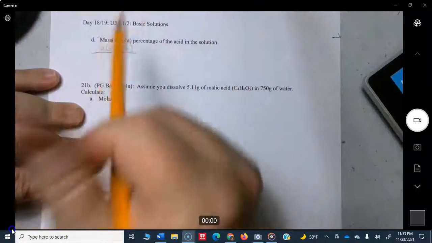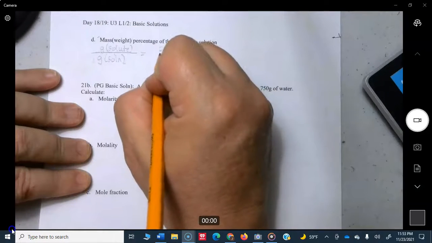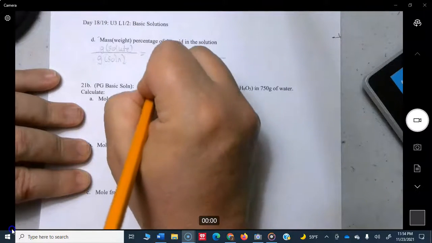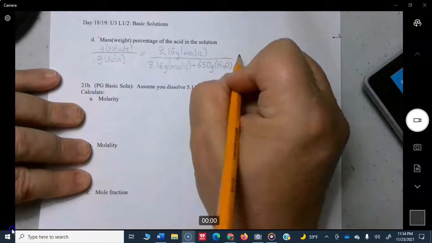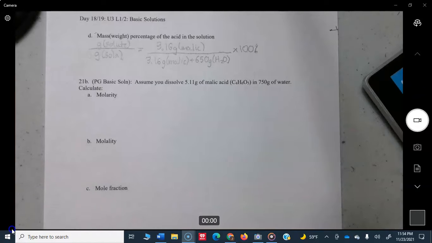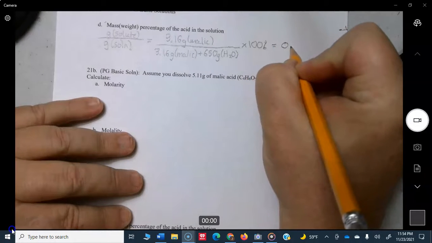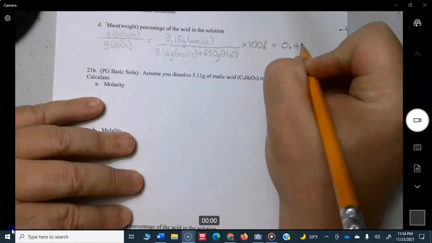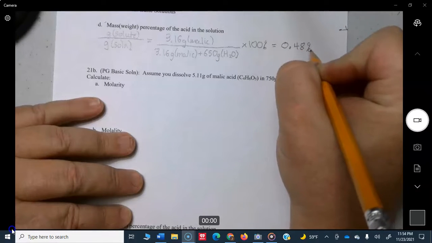Really don't need to break them out for this problem. So grams of malic acid was 3.16, and grams of water was 650, times 100%. And we get 0.48%. So about 0.5%. The malic acid makes up about 0.5% of this solution.